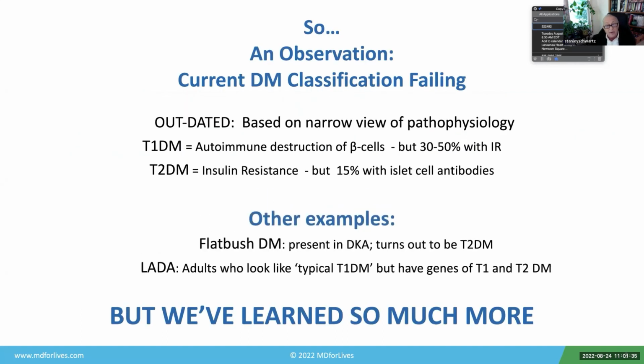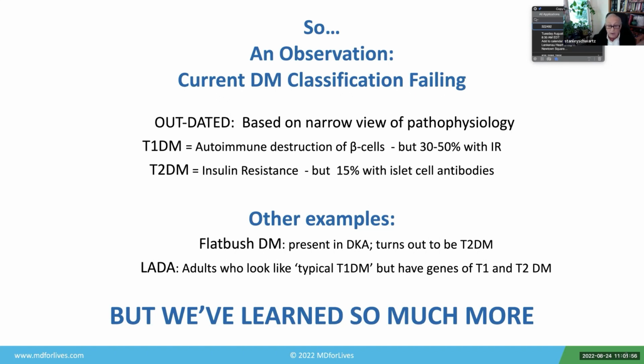The key observation I came upon was that our current diabetes classification is failing. It's outdated. It's based on a narrow view of pathophysiology. For example, type 1 diabetes is an autoimmune destruction of the beta cells.